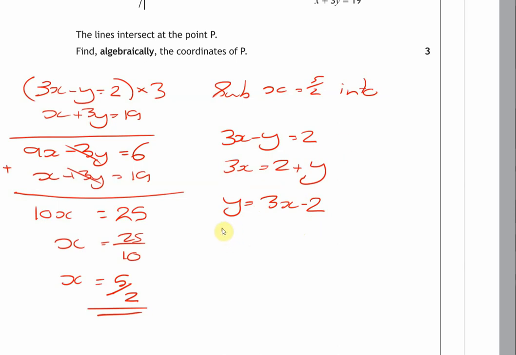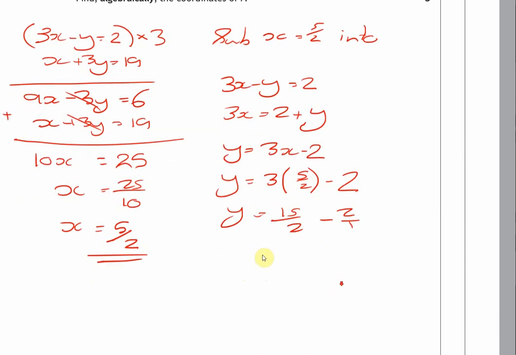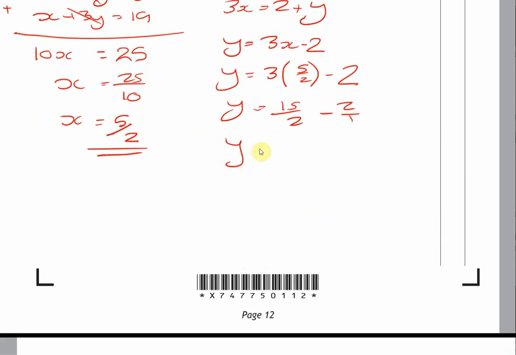So then all I have to do now is do y equals 3 multiplied by 5 over 2, minus 2. So that'll be 15 over 2, like so, minus 2 over 1. So I'm going to have to multiply top and bottom of this by 2 in order to get a common denominator on the bottom.